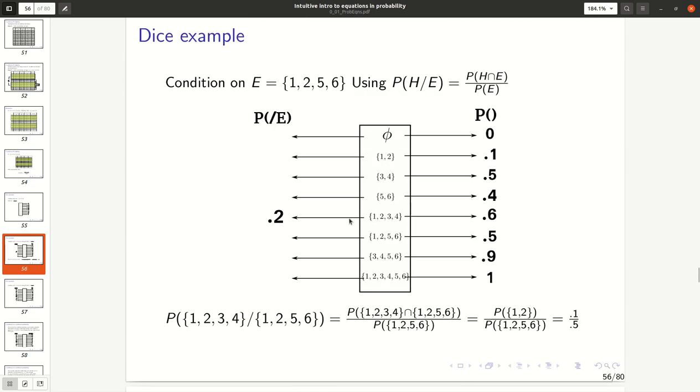First we will calculate the updated probability of one of the subsets.